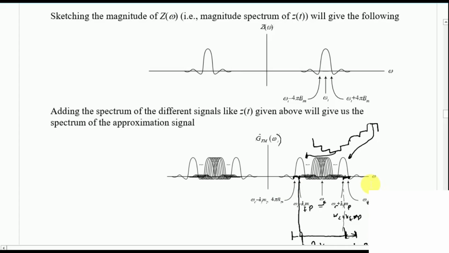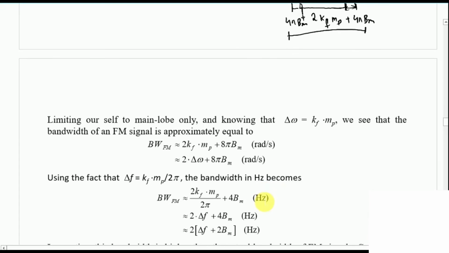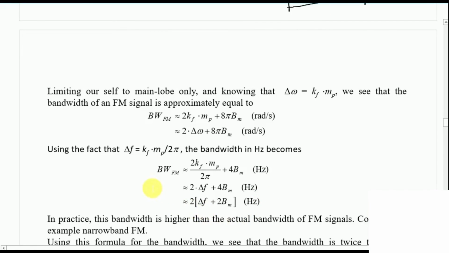So this is not based on a closed form expression, but just on the visualization. So from the visualization we have expressed that the bandwidth of FM is 2 delta f plus 2 bm.